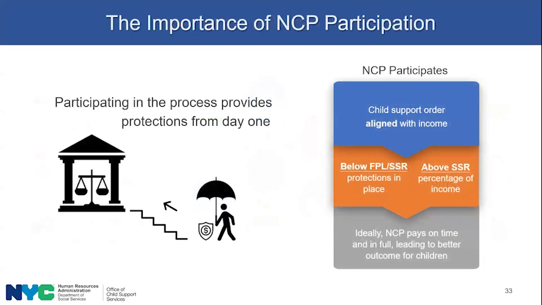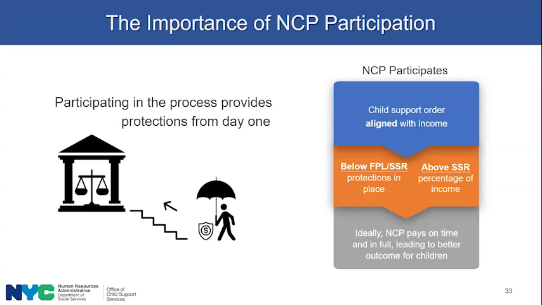Now, whether it's an agreement or the traditional court process, it's very important that the NCP participate from day one. If the NCP participates, the child support order will be aligned with income. If the NCP's income falls below the federal poverty line or the New York State self-support reserve, there are protections in place.